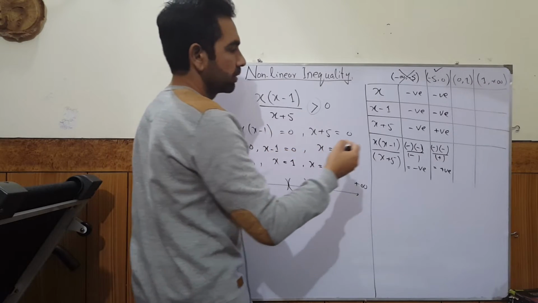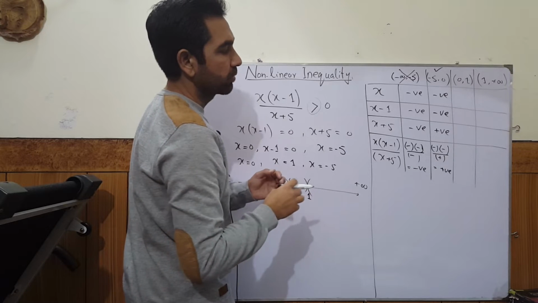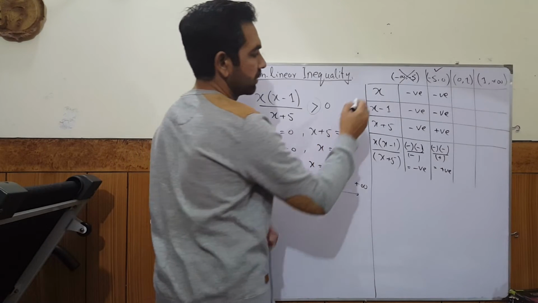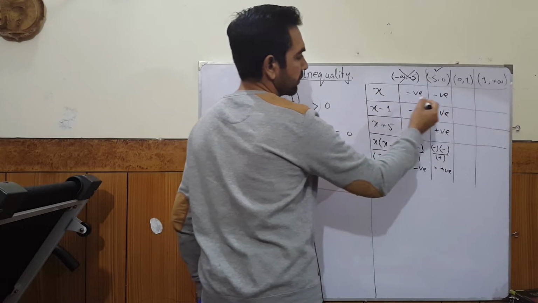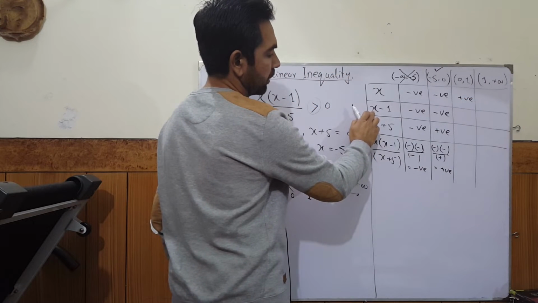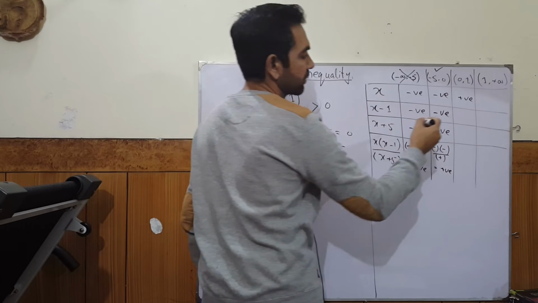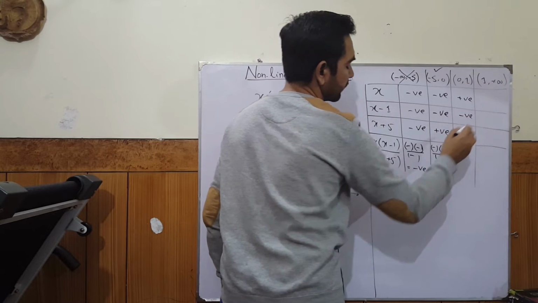Now for the next interval, from 0 to 1, you can put any value from 0 to 1. The best would be if I put half. If I put half here, half is positive. If I put half here, half minus 1 gives me minus a half, so that is a negative.